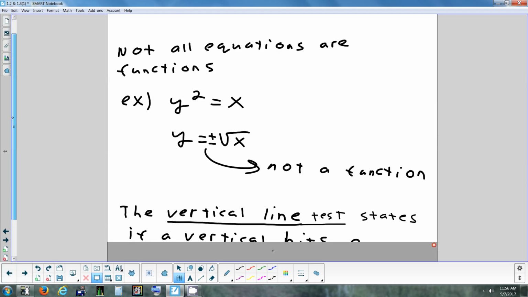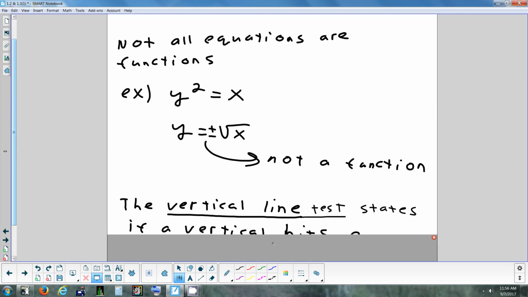So not every kind of equation is a function. The only ones that are functions are ones that pass the vertical line test. I think I gave you this one as an example. I said if you plug in 16 for x, what do you get for y? 4 and negative 4. And we said that that's not a function. So you already saw that in the notes earlier.